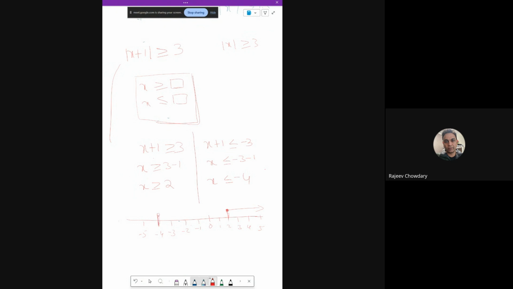Come here, a filled dot, and it goes to the left. So this is x is less than or equal to -4, and this is x is greater than or equal to 2.